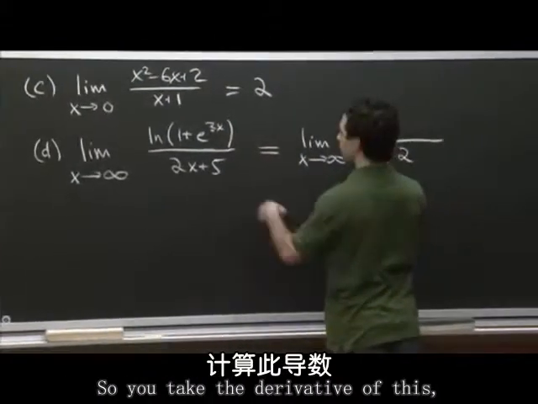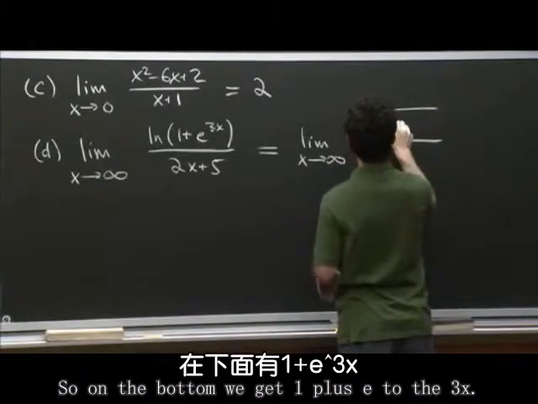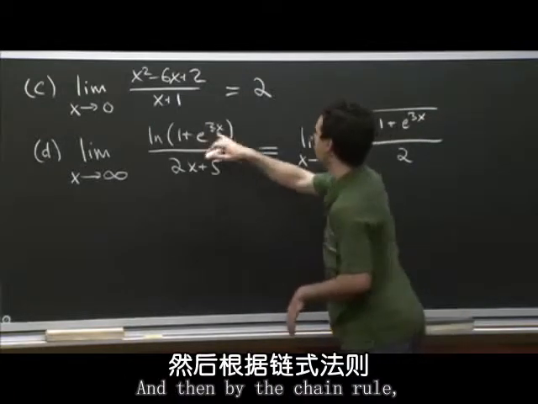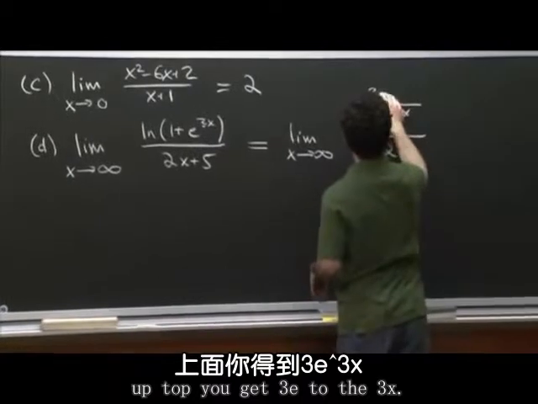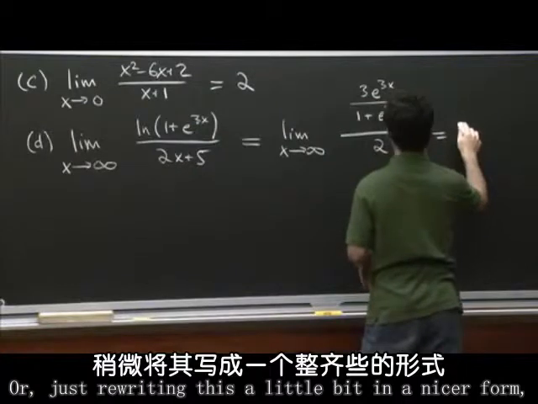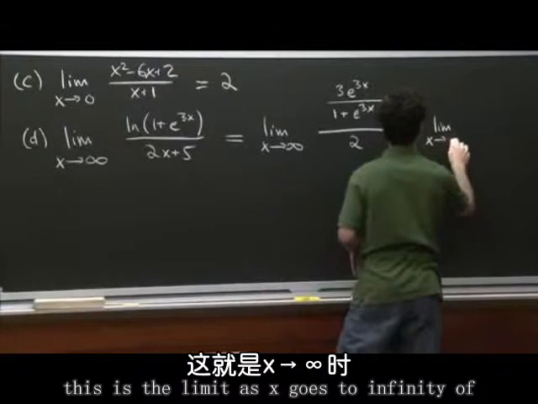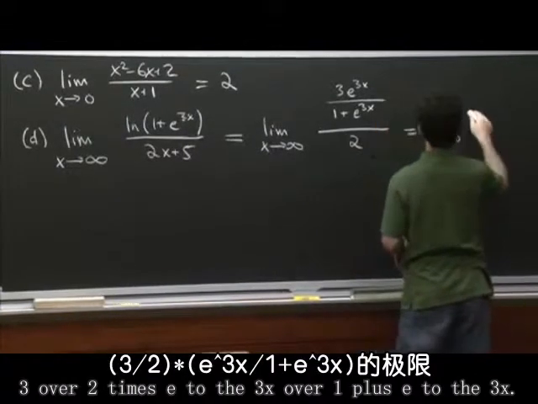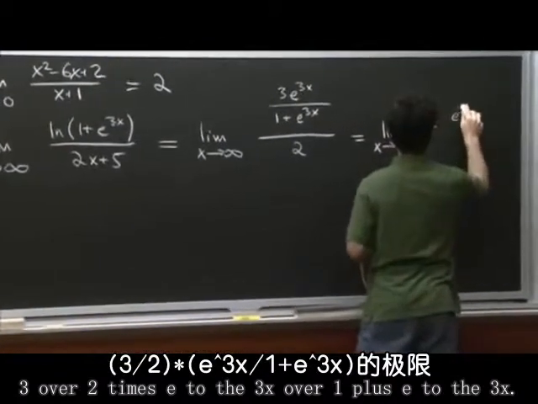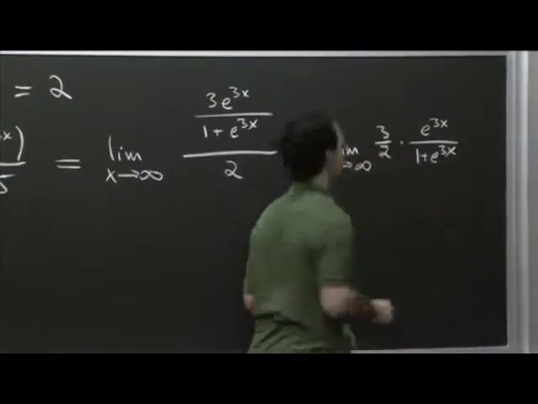You take the derivative of this, and it's a log, so in the bottom we get 1 plus e to the 3x. And then by the chain rule, up top, you get 3e to the 3x. Or just rewriting this a little bit in a nicer form, this is the limit as x goes to infinity of 3 over 2 times e to the 3x over 1 plus e to the 3x.